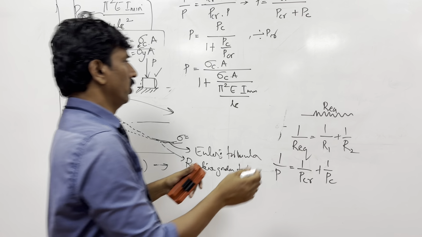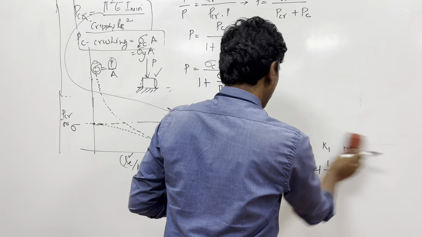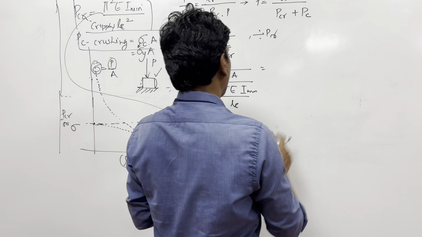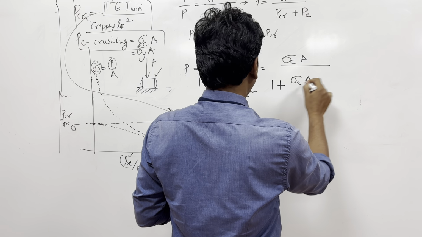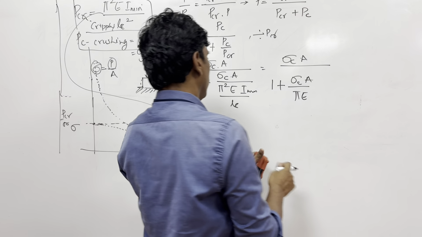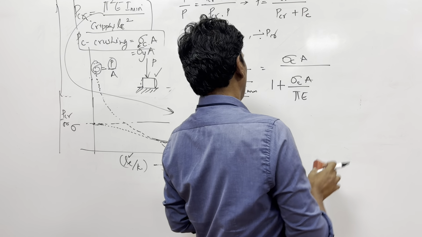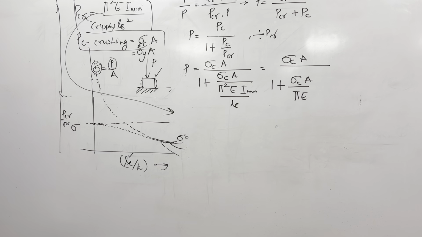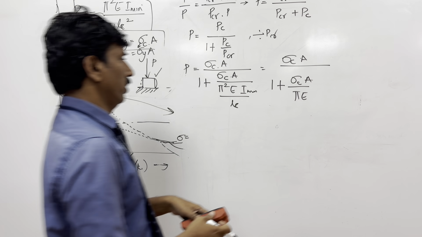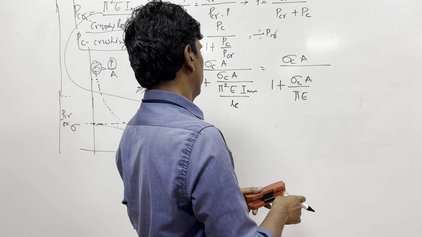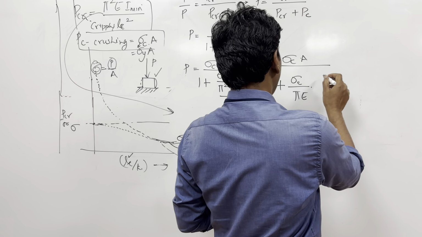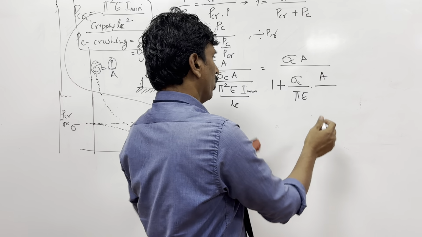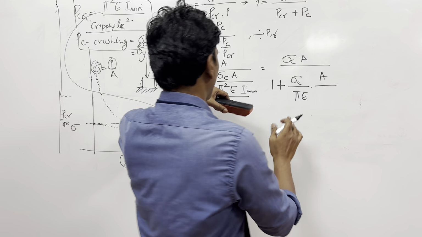Okay, now I can rewrite these equations as sigma C into A, 1 plus sigma C into A divided by pi square E. Okay, pi square E and A, this is I. So I is nothing but, so there's confusion.